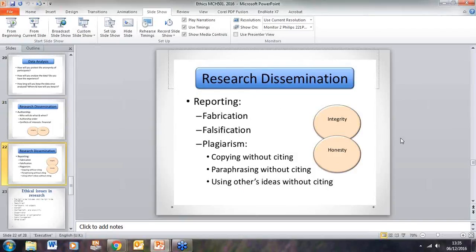Obviously, we're looking for integrity and honesty when we're looking at research dissemination. And we're looking obviously for fabrication, falsification and plagiarism. We know what all of these things are, and that's where we can really point to a piece of research, for example, that I mentioned earlier by Andrew Wakefield, who did the MMR research.